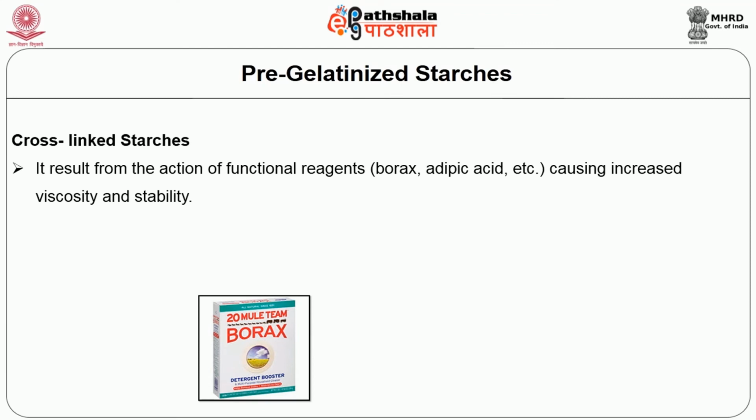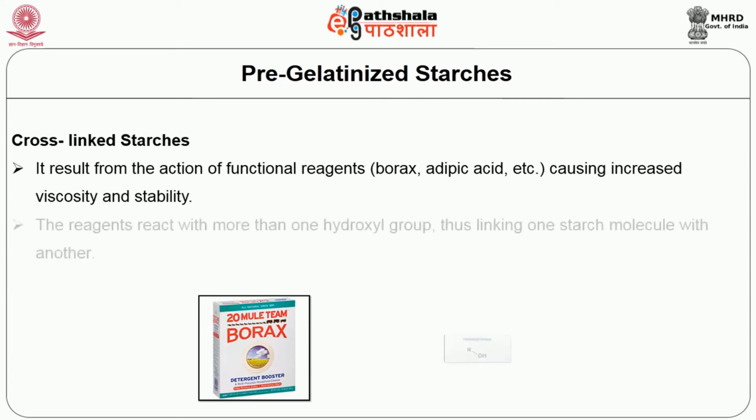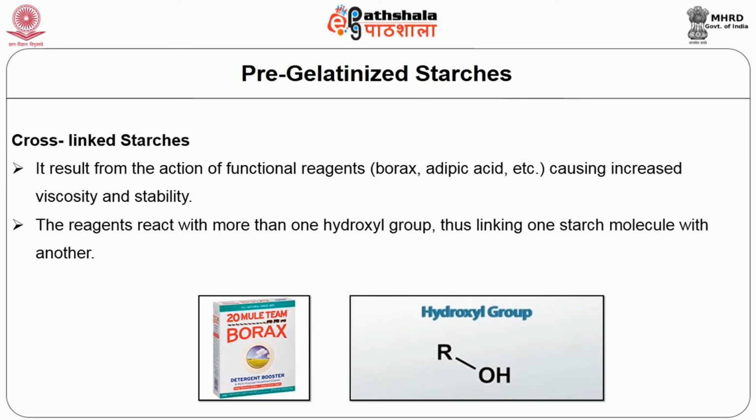Cross-linked starches result from the action of functional reagents causing increased viscosity and stability. The reagents react with more than one hydroxyl group, thus linking one starch molecule with another.